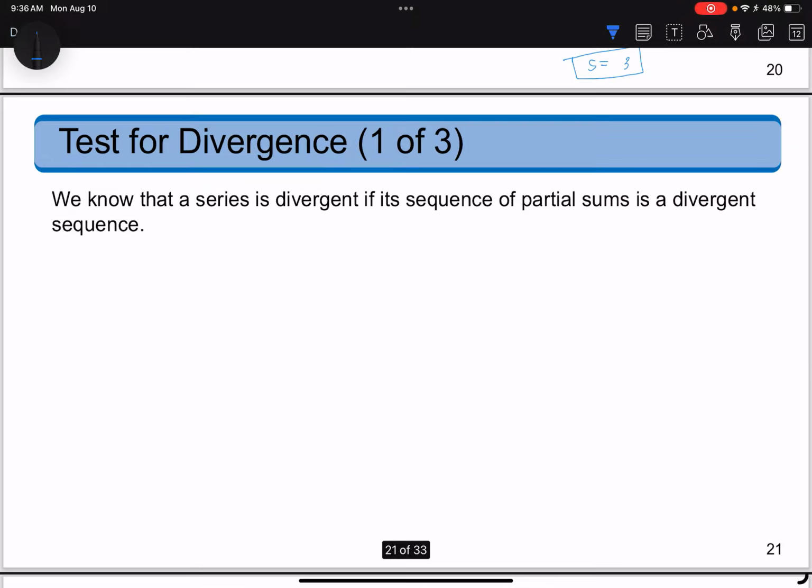We know that a series is divergent if its sequence of partial sums is a divergent sequence.